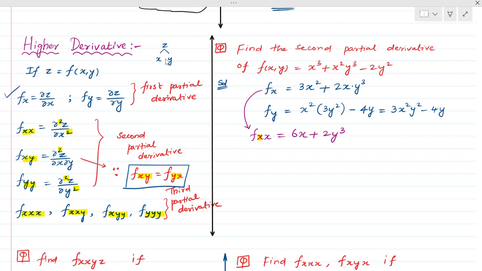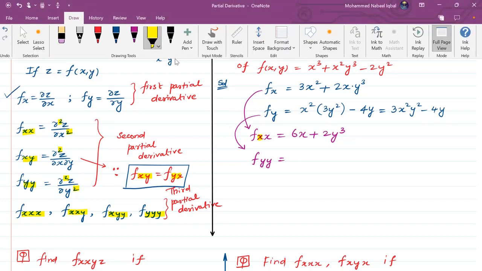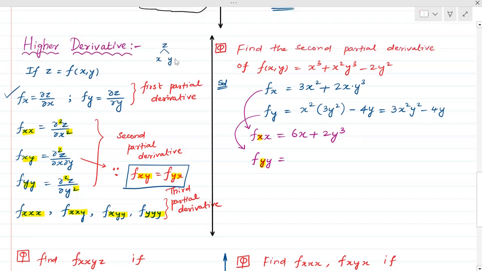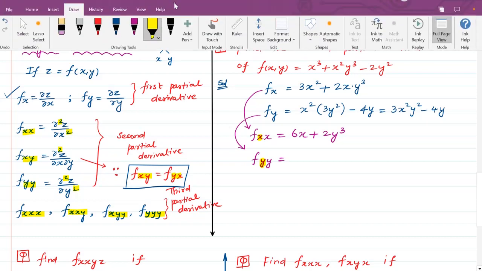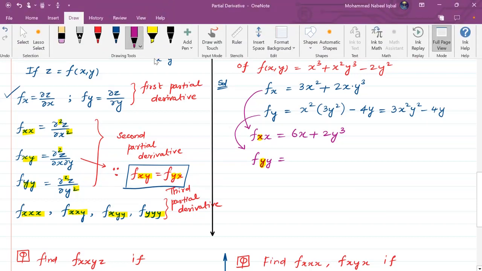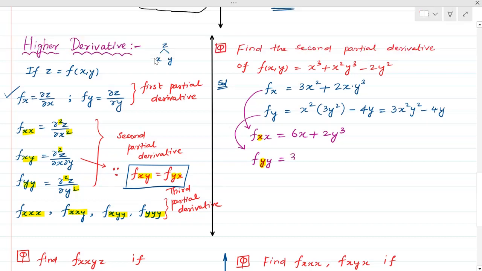Now similarly, if you want to calculate the fyy, how will you calculate? fy again y. So you have to take fy and differentiate with respect to y again. So 3x square, differentiate y, it is 2y minus 4. So the answer will be 6x square y minus 4. So this is the fyy.